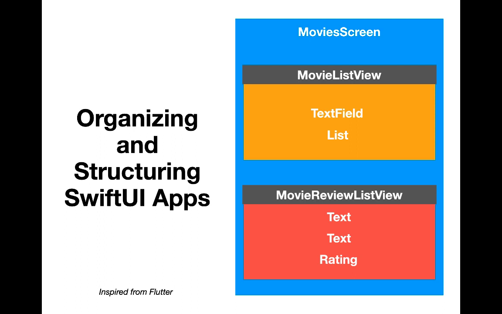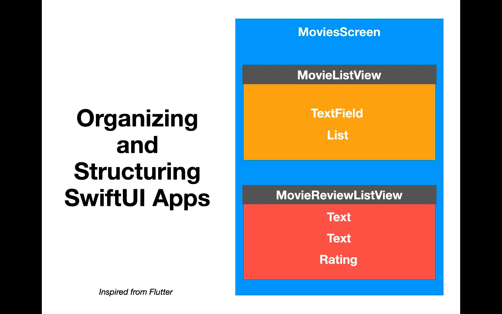So the movie screen itself, the one single screen of the app, is going to be called movie screen. The word screen is representing that it is going to be the single screen of the app, which can consist of multiple views. Those views can display the movie list, movie reviews, and all of different things.